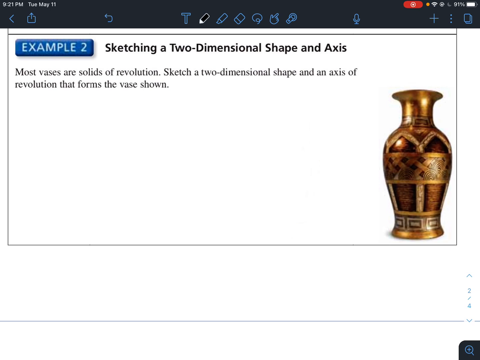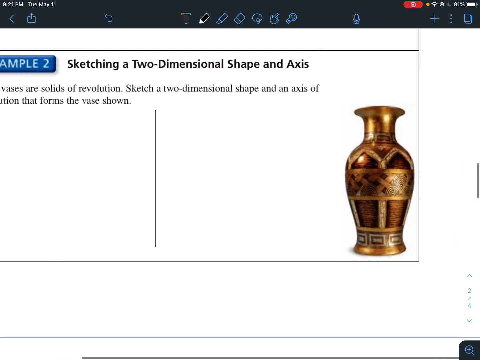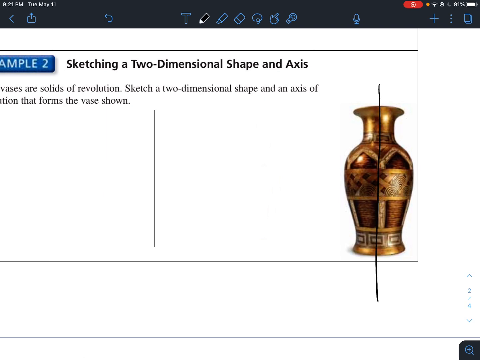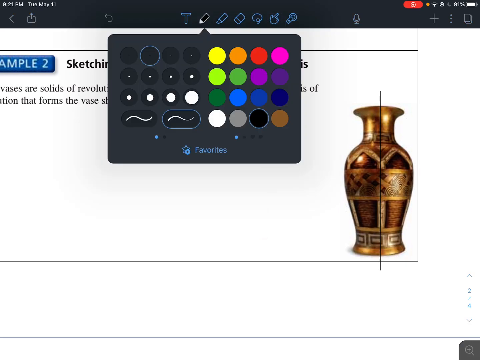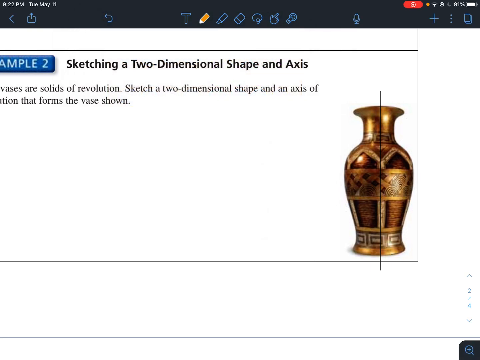Okay, so I'm going to draw this with a vertical axis of revolution, because if I draw a vertical line, you can see that it's actually 2-dimensional. So I think I might cheat just a little bit here. I'm not sure how well you guys can do this, but I'm just going to trace an outline right here.